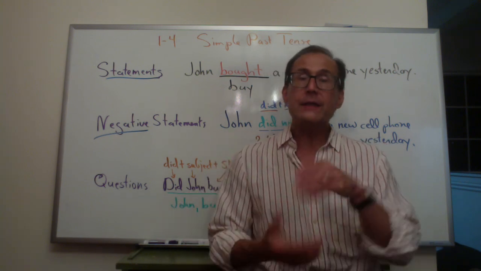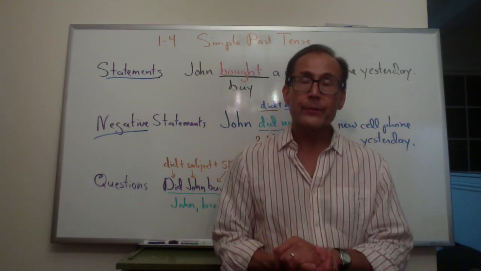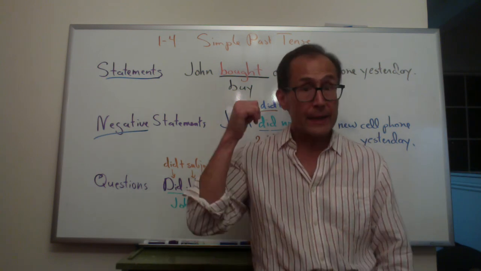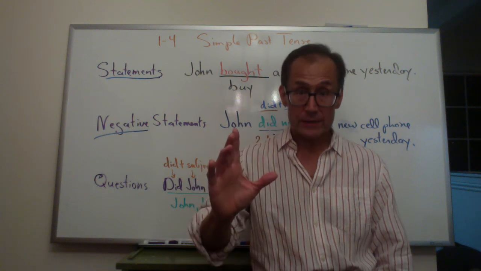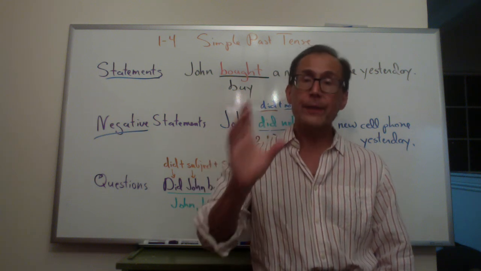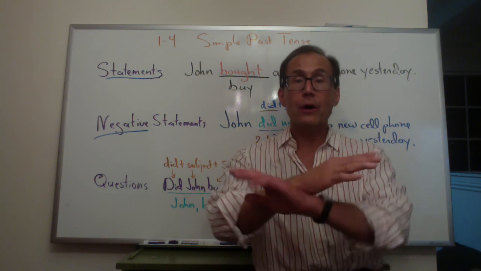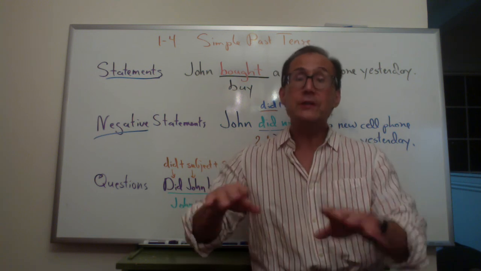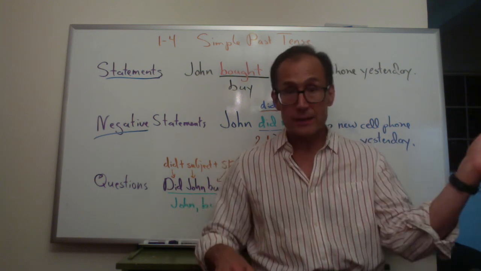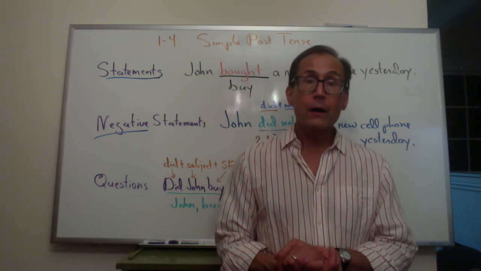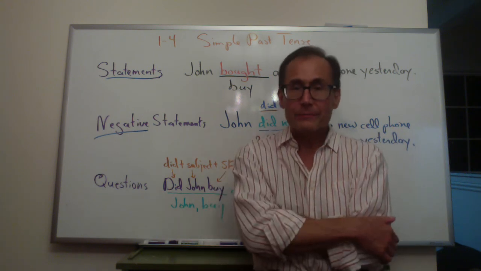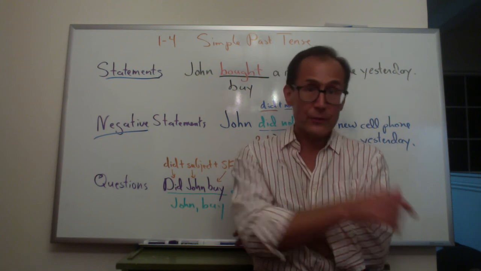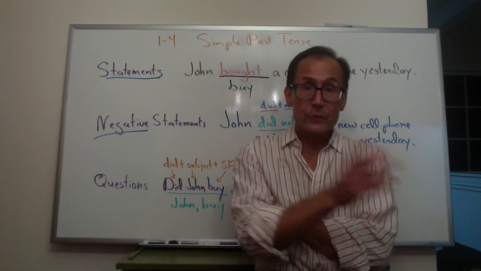So, in other words, it doesn't continue until now. Whenever you see a simple past tense in English, or any of the past tenses in English, all of the past tenses in English are always complete. The action is finished in the past. It doesn't continue until now. That can be important a little bit later when we're talking about some of the other verb tenses and making clear what the difference is.